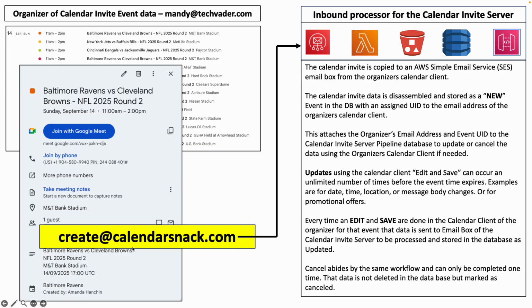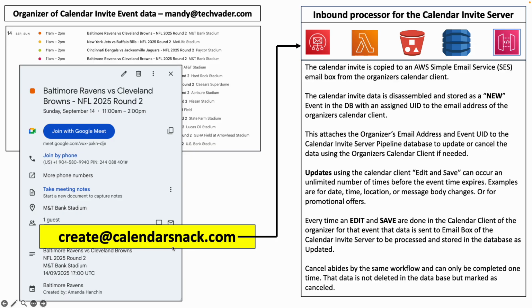What this visually represents is that create at calendarsnack.com routes to an email box. That email box essentially is a copy of the calendar invite to the AWS Simple Email Service. That service is basically spelled out as an email box specific for this service. This service is called calendarsnack.com.